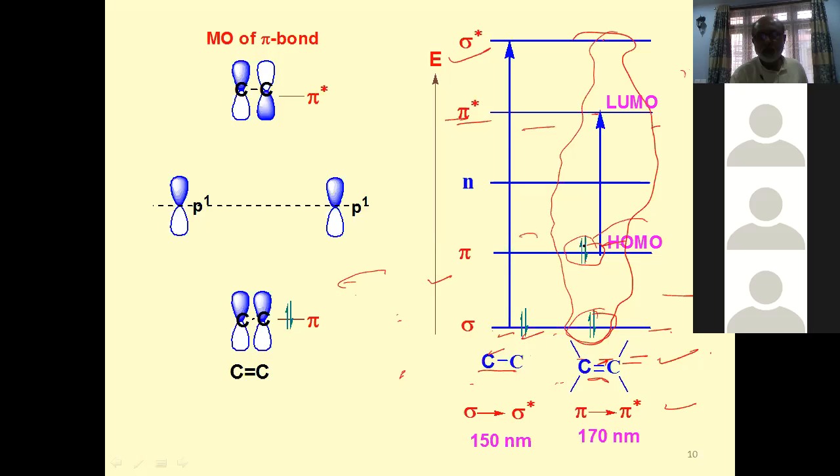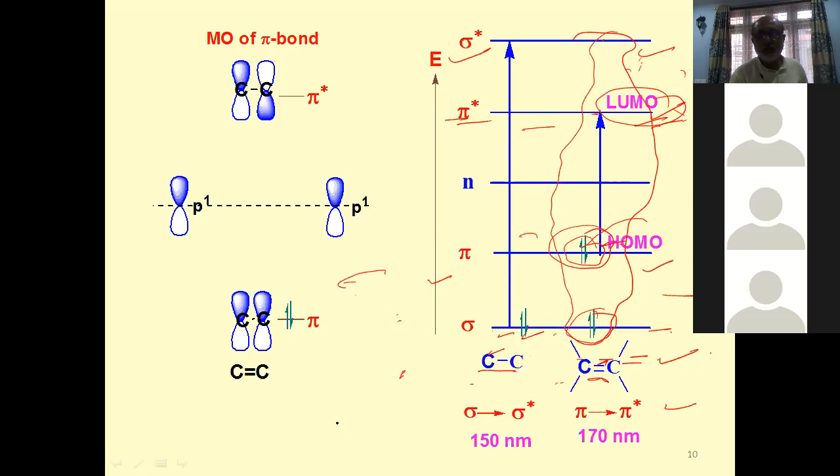This is the one present at the highest occupied level, so we call it HOMO. This orbital is HOMO. And unoccupied orbitals, how many do we have? This is unoccupied, this is unoccupied, and this is also unoccupied. But among the unoccupied orbitals, the lowest energy one is more important. So this becomes your lowest unoccupied molecular orbital.